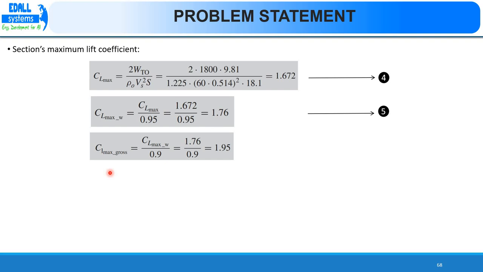Wing airfoil gross maximum lift coefficient CLmax gross equals CLmax wing divided by 0.9. Substitute the wing maximum lift coefficient value here, and the wing airfoil gross maximum lift coefficient CLmax gross value we get is 1.95.